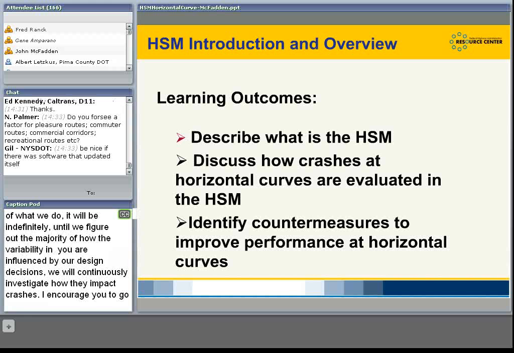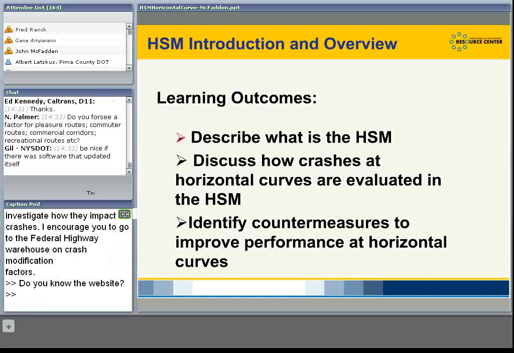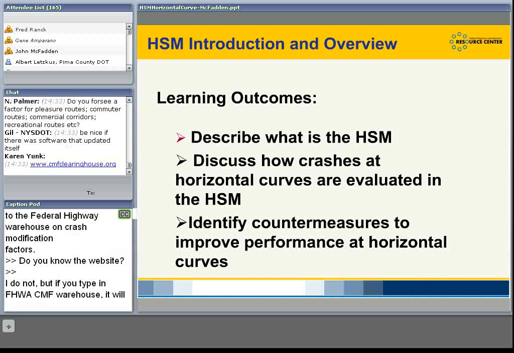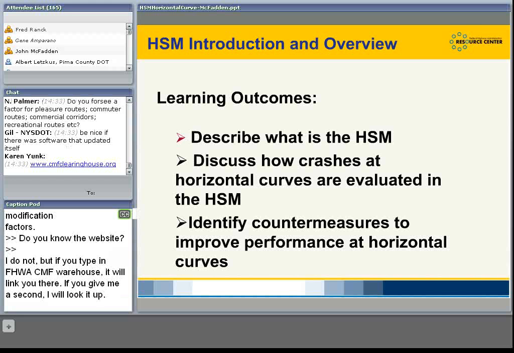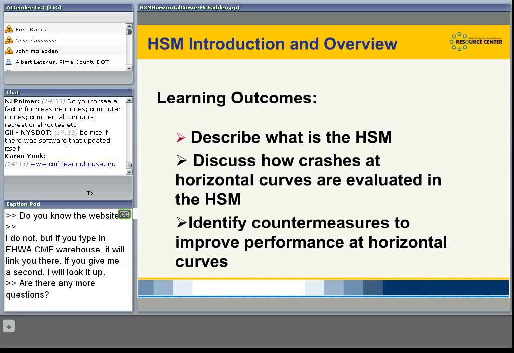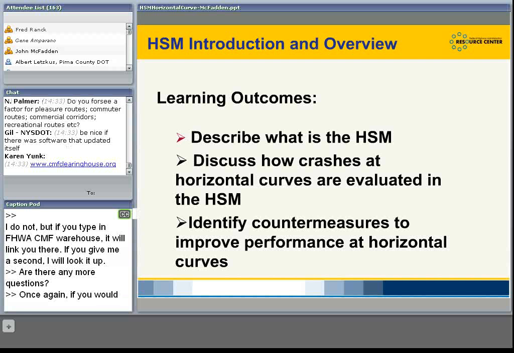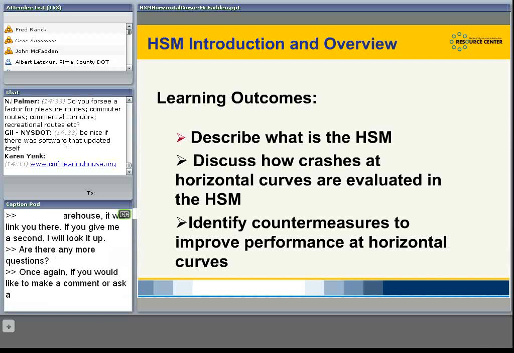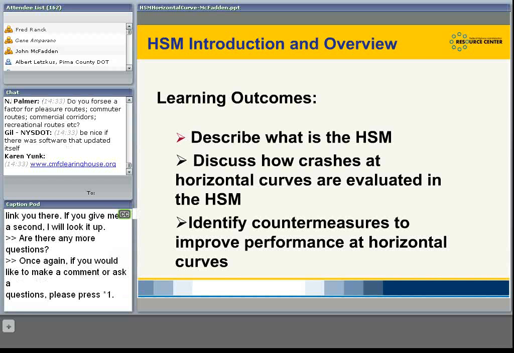there is a warehouse of crash modification factors that Fed Highway has online that is constantly updated. And even if you purchase that hard edition of the Highway Safety Manual, it is going to refer you to this site to constantly make sure that you are aware of the new crash modification factors that come out, because they will continuously come out, from the perspective of what we do, indefinitely, until we've figured out the majority of how the variability in crashes are influenced by our design decisions.